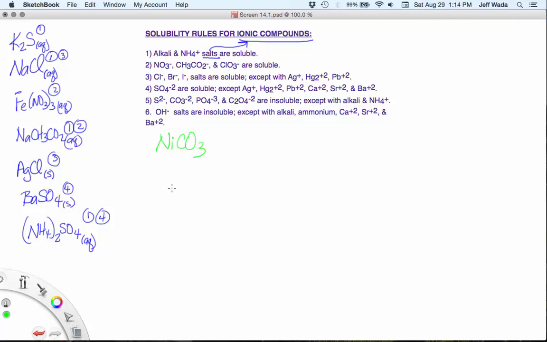For example, we'll have sodium carbonate. Copper 2 chlorate. And barium hydroxide.